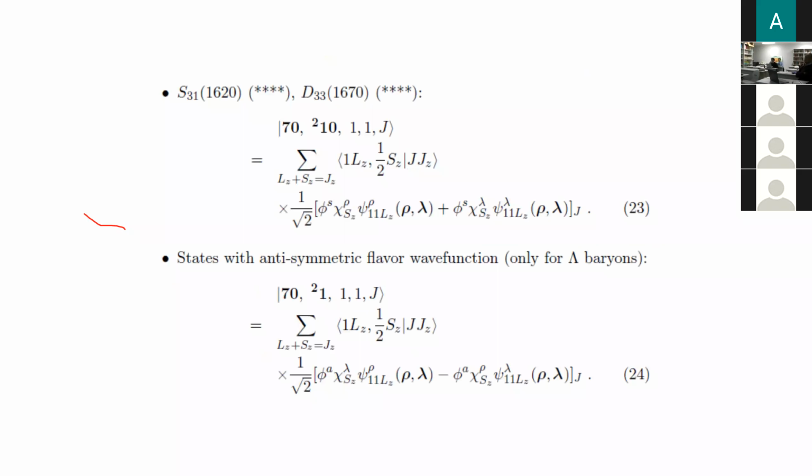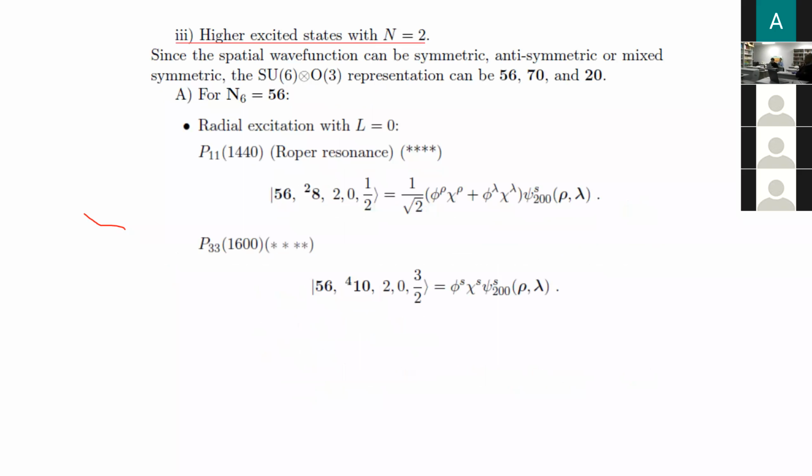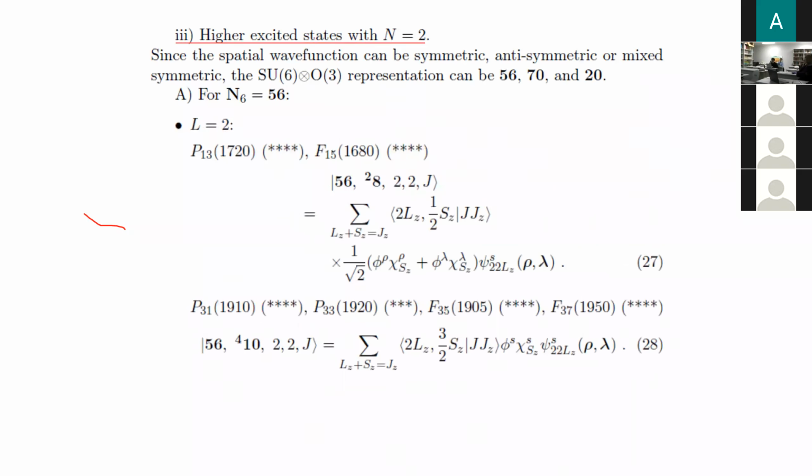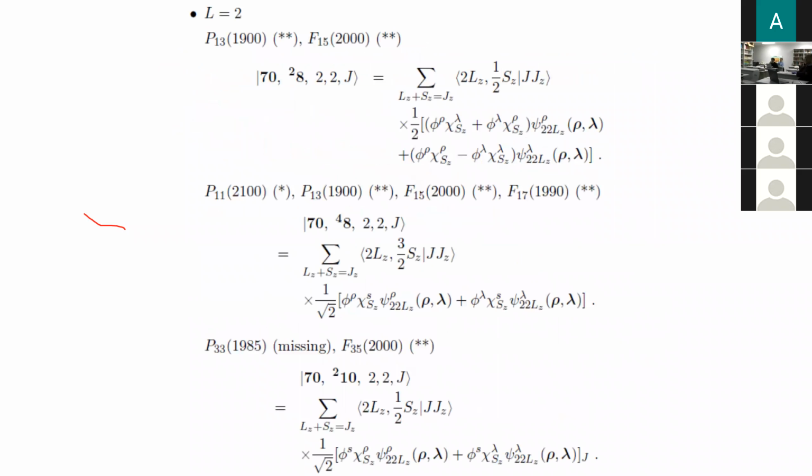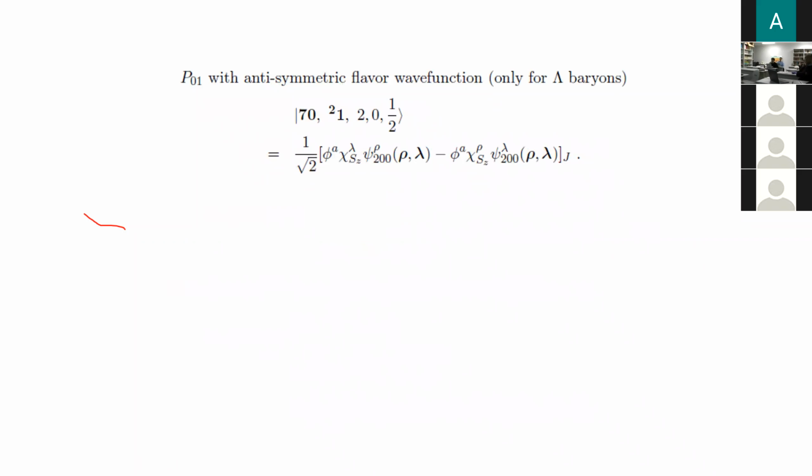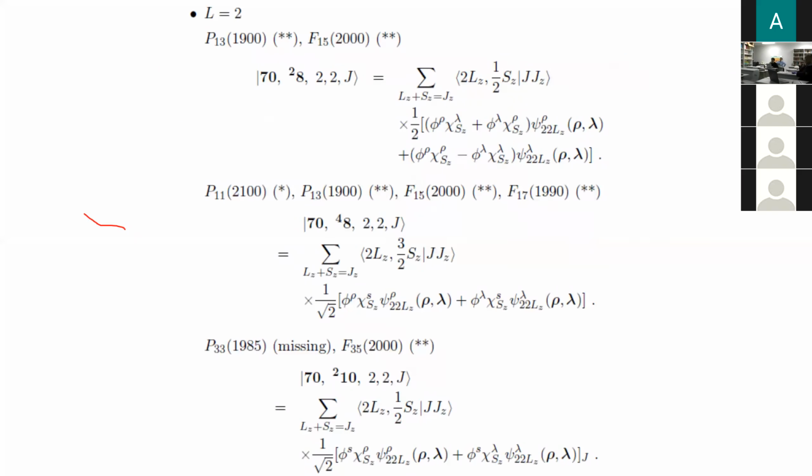For other states, I just give the wave functions in detail here. If the students are interested in this, they can just check and use. I would like to mention the 20-plet, this L equals 2.